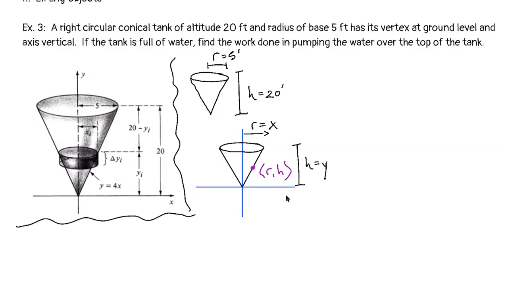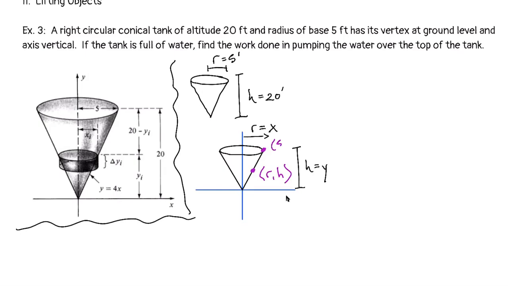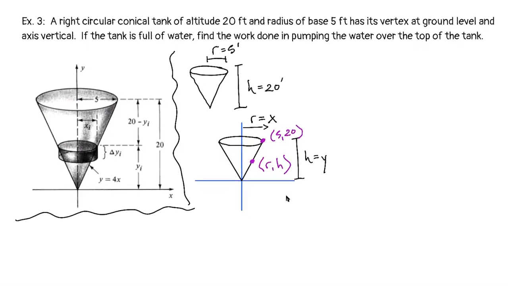So let's do a few things here. What's the coordinate of that point right there? 5 and 20. 5 comma 20. How did you get that? Just by looking at the diagram. Yeah, because the radius is 5 and the height is 20, so 5 comma 20.